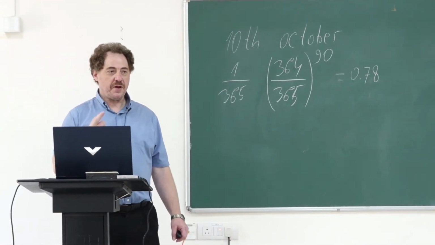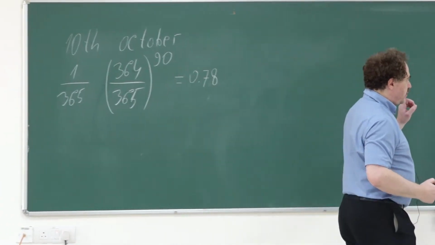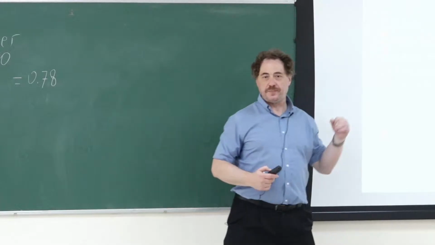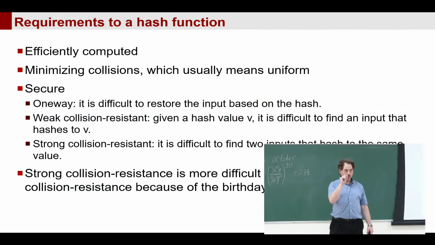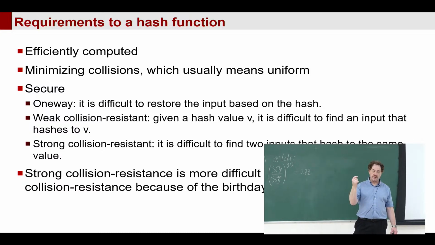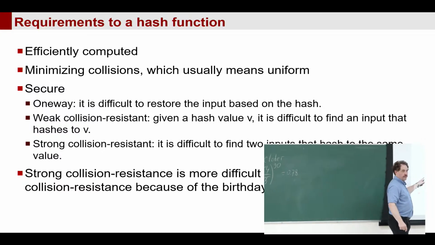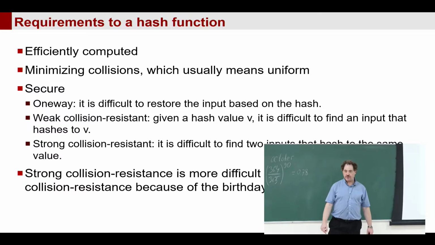What does it mean? What's the application? This calculation is applicable to weak collision resistance, because the attacker would need to go individually over different inputs and see if the hash value would be the same as the given hash value. This is what the attacker would need to do in order to break weak collision resistance.